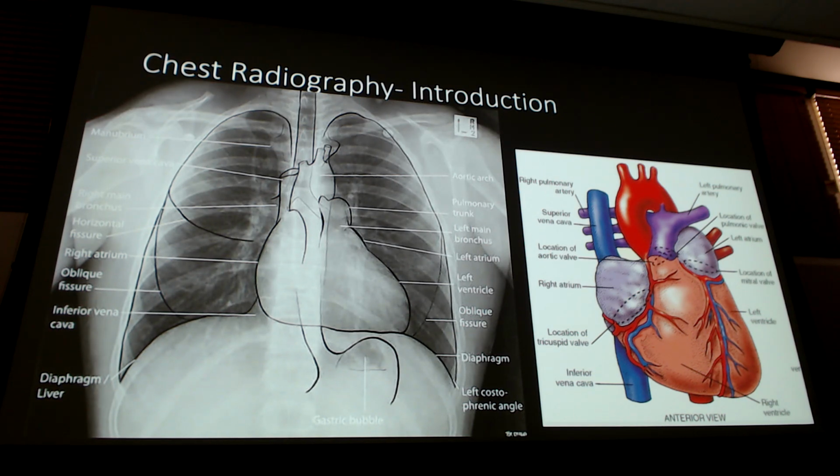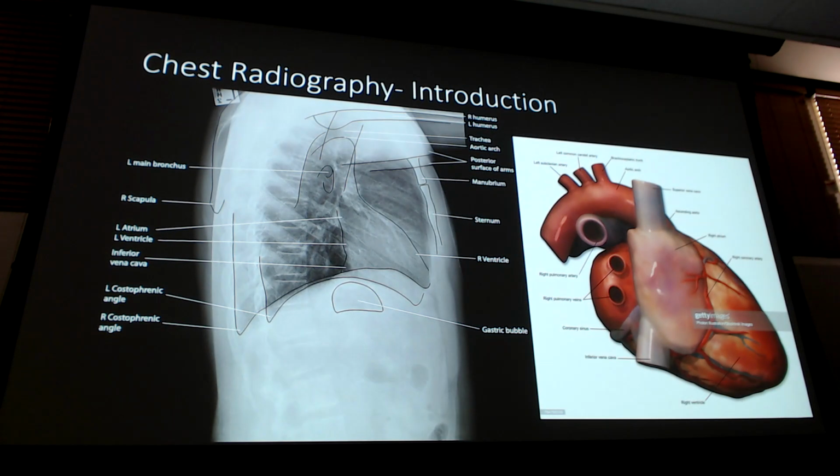That's why we see the spine so well. It's way more radiopaque than that ventricle, which is why we can't see it on the PA, because we see the spine more than the heart muscle. But here on the lateral, I've separated them out and got my side view, so now I can see my beautiful right ventricle right there. Okay?